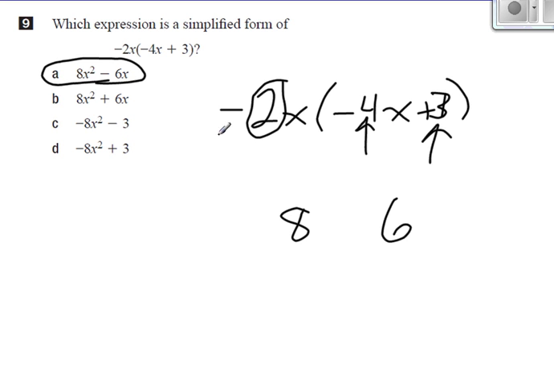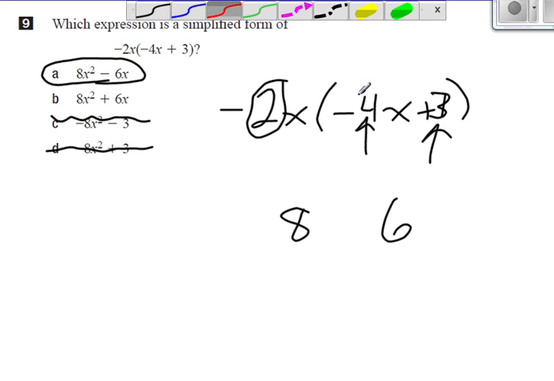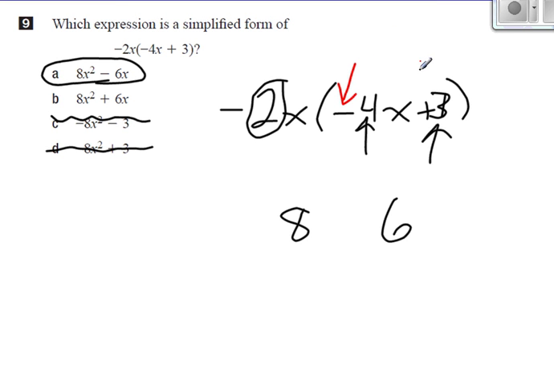So even if nothing else makes a lot of sense to you, you know it can't be C or D, and at least you're down to a 50-50 shot. And then maybe you would logically look at the fact that this and this have different signs, so my answer should have different signs. And then maybe that's a way you get the right answer, and you really aren't doing the proper math, but boy, you're being logical.